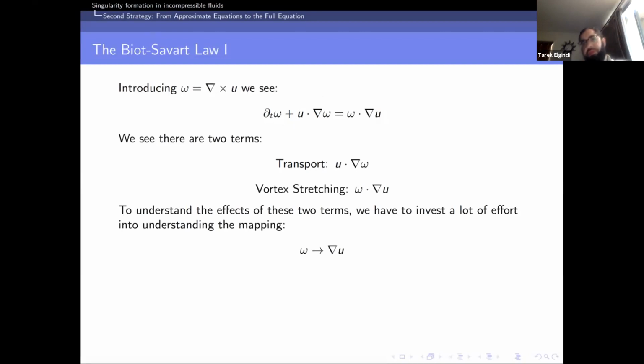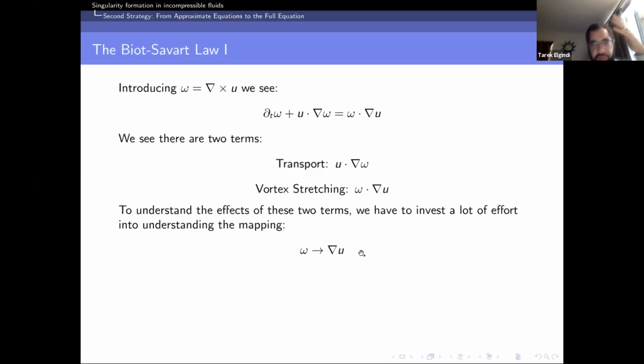To understand these two terms, we have to invest lots of effort in understanding this mapping, omega to grad u. This is what I was saying about: what can you impose on omega to make sure that u has a hyperbolic point? If you know something about omega, how can you say something about grad u?